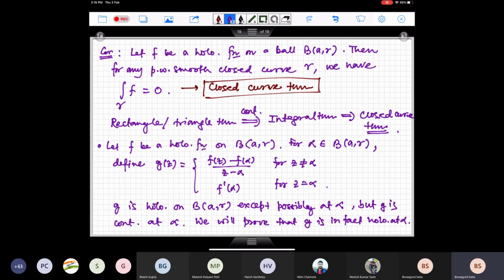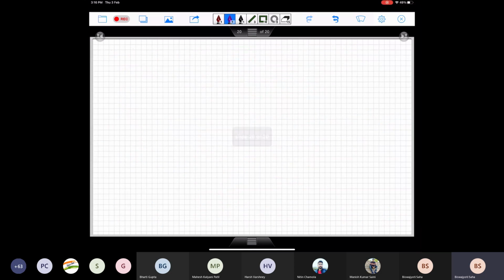The first thing that I want to prove here is the theorem: that the rectangle or triangle theorem, whichever you want to take, holds for g. So first of all, I want to prove that the rectangle theorem or the triangle theorem is going to hold for the function g.